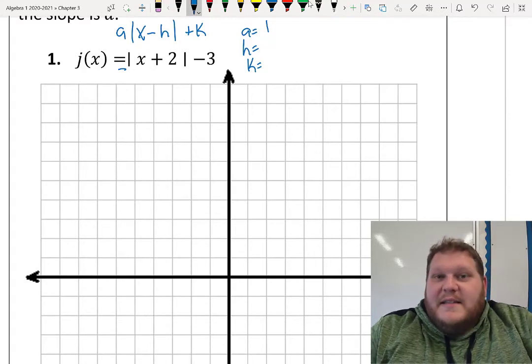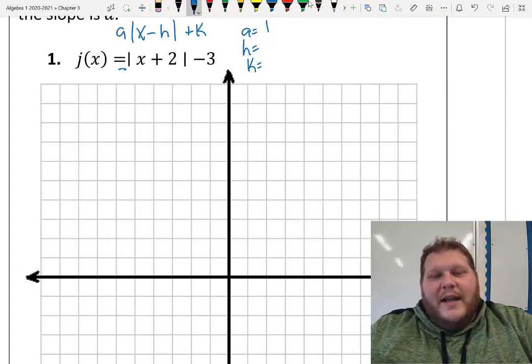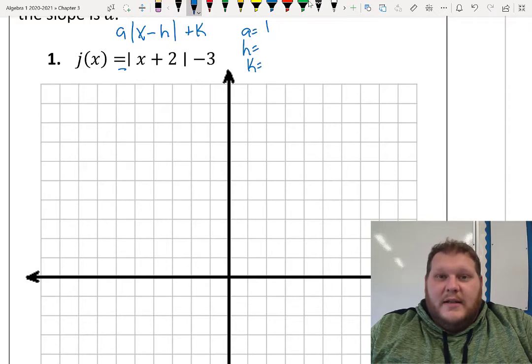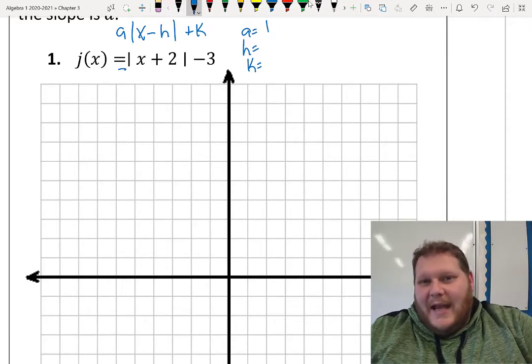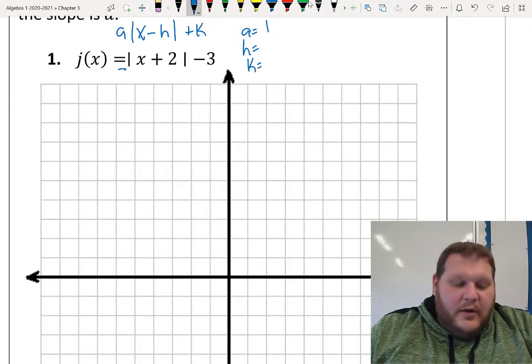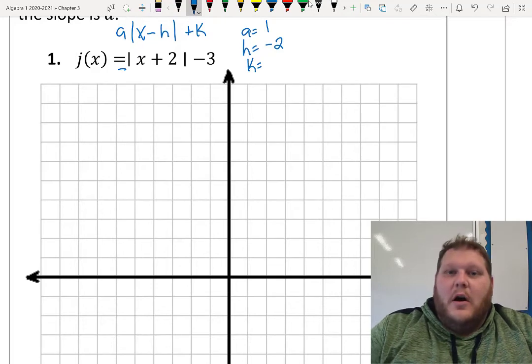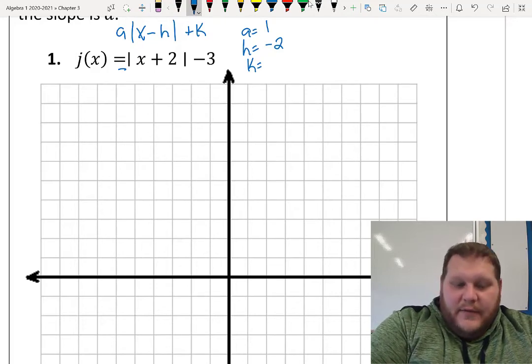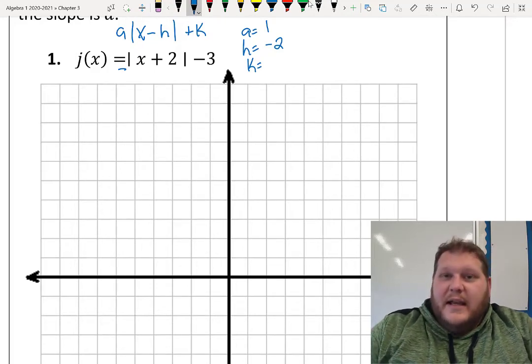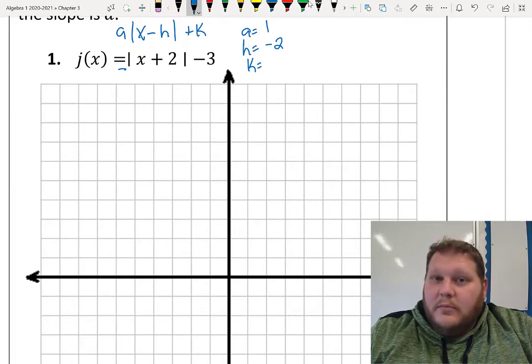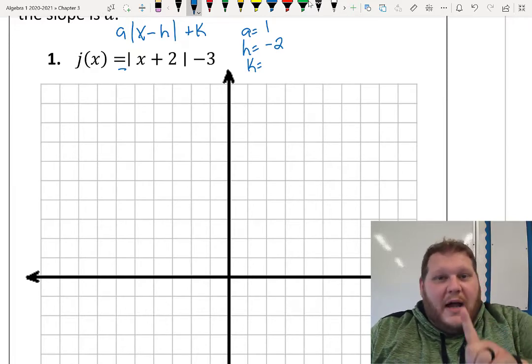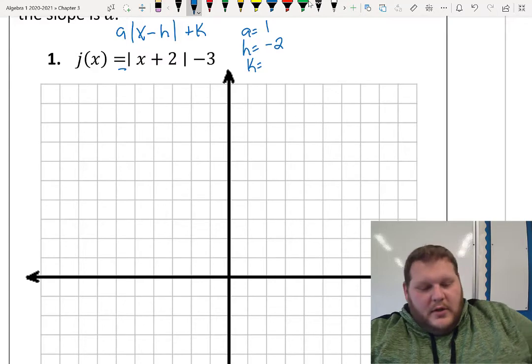So if I see it as x plus 2, and I have to try and think of what was subtracted there, well, we know that subtracting a negative is the same thing as adding a positive. So in this case, my h is actually a -2. It's always the opposite of what you see there. If I see it as x plus 2, it's a -2. If I see x minus 1, it's going to be a +1, because +1 is what would be subtracted there.